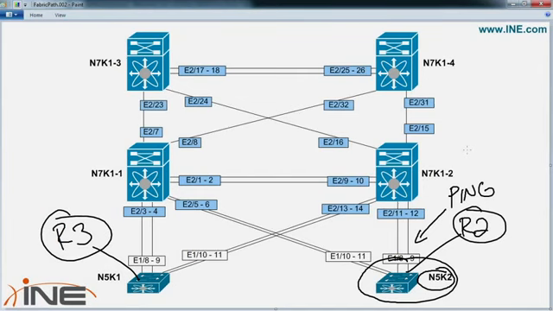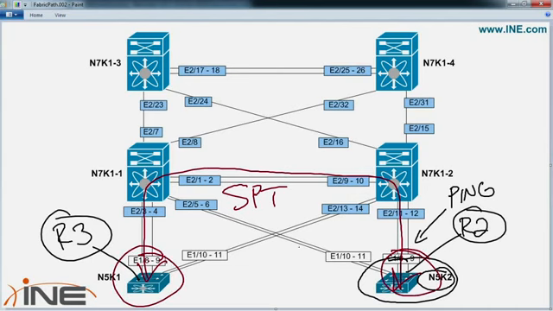So it basically means now all of our traffic flows here between these end servers, they're going to be going in this direction. Because the shortest path tree is closer in this direction between this node and this node to go via this way versus going up here.